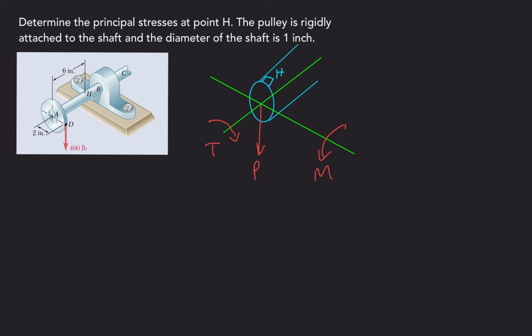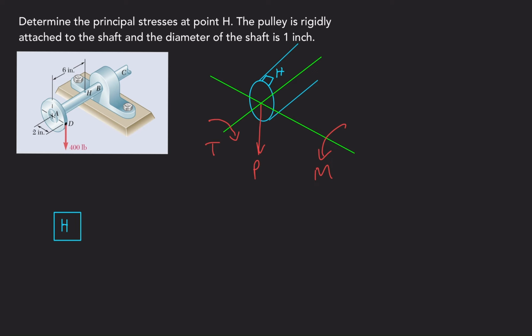Now if I want to take a look at what's happening on the stress element, H, when you think about it, in the planar region of plane H, the effect of P is having no effect, if we're considering the planar stress element only.